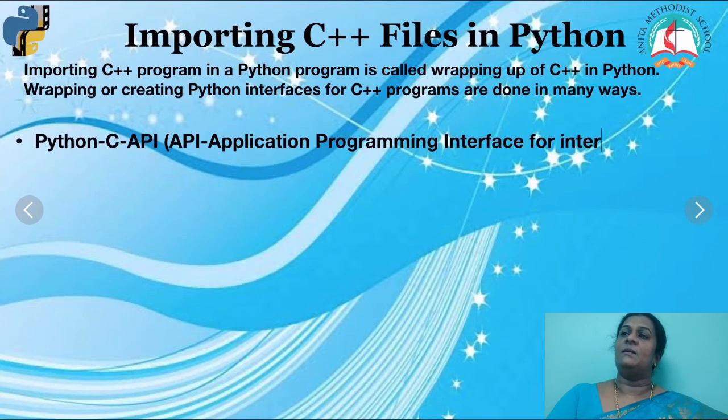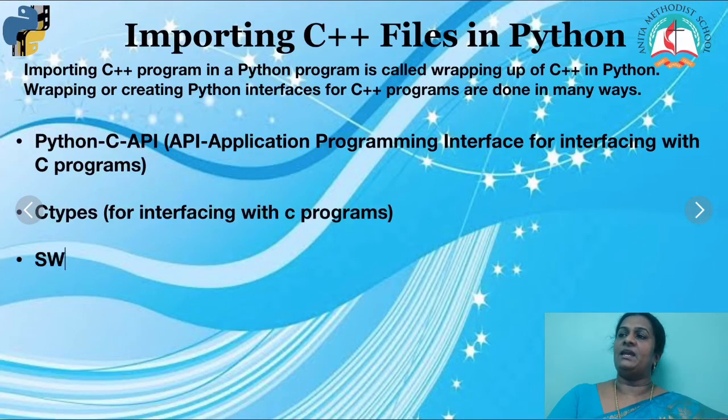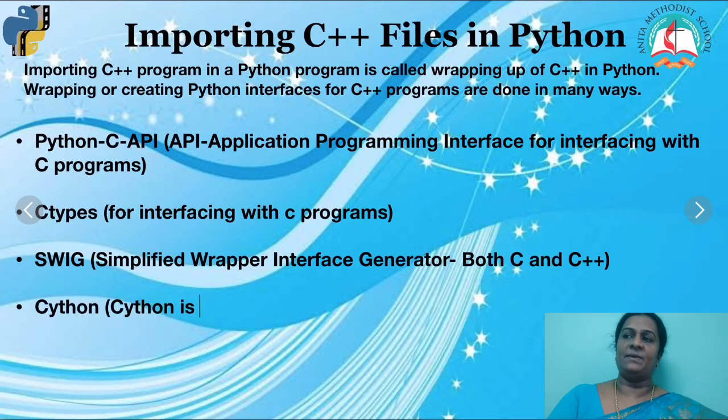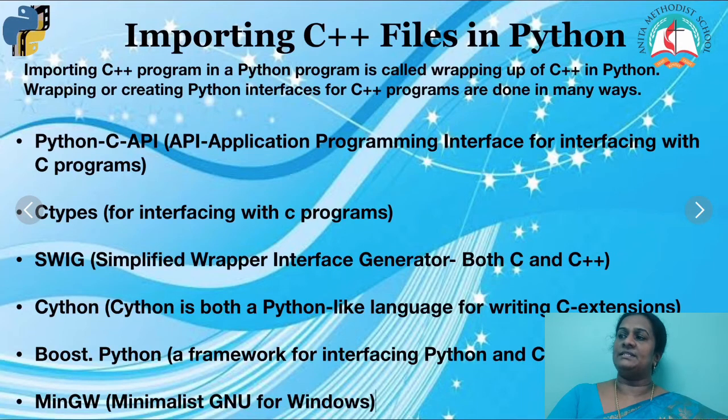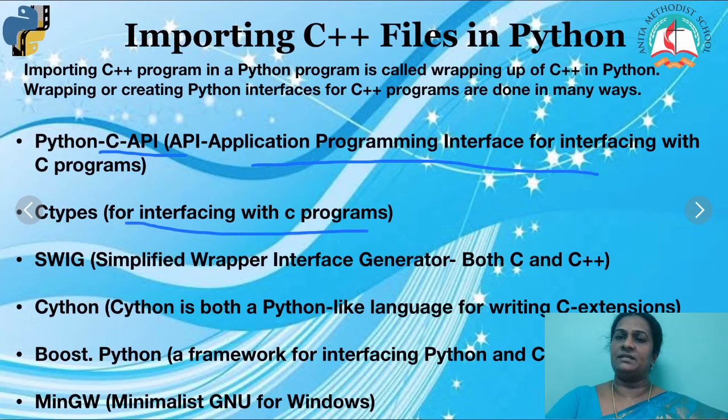Here, the Python C API, where API is application programming interface, is used for interfacing with C programs. And ctypes, what is ctypes? The data types for interfacing with C programs.